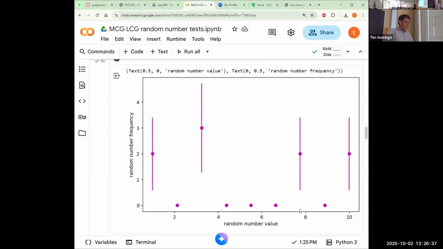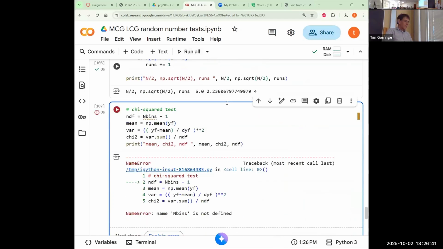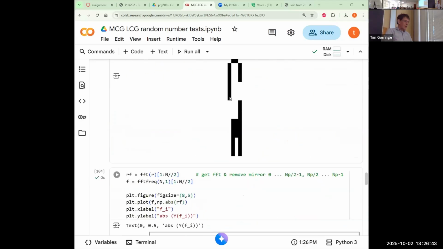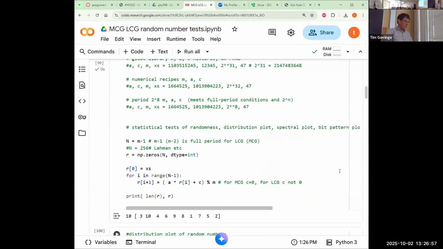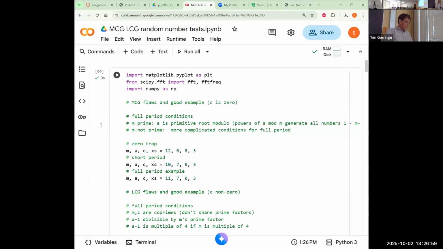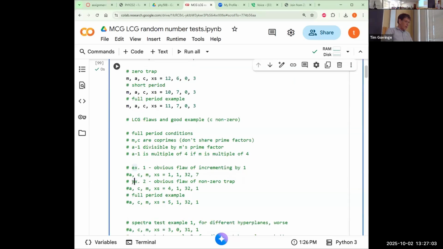And this plot shows the distribution of those random numbers. So we got one of each of them.